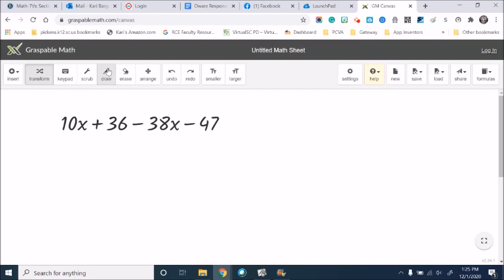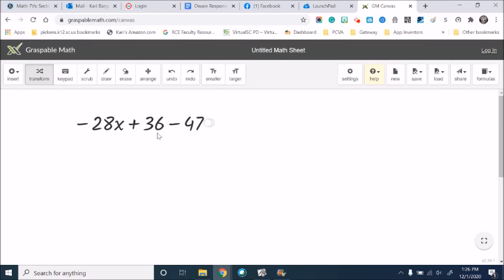Now, one thing you do need to know is that 10x is a term. Positive 36 or plus 36 is a term. Negative 38x is a term. And negative 47. I know we say this as subtraction, but when we're moving the terms around, this minus sign needs to travel with the term. So the coolest thing with this website is I can grab this. So notice that I have grabbed the entire minus 38x term, and I'm going to drag it over here to the matching term, and it does the math magically for me.